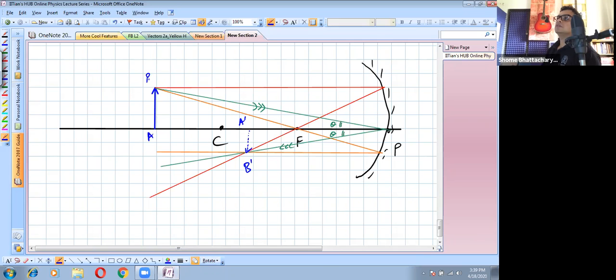I'm considering the dimension of the object to be perpendicular to the principal axis. So it's like this. And a few more rays to label also. For example, this was the first type of ray, parallel to the principal axis, passing through the focal point after reflection. After reflection, it becomes parallel to the principal axis.